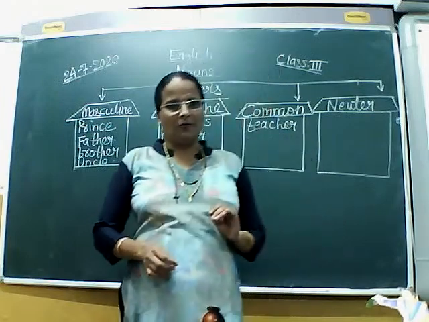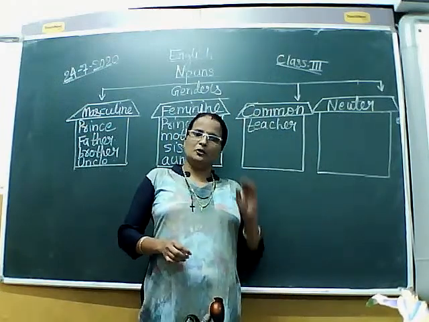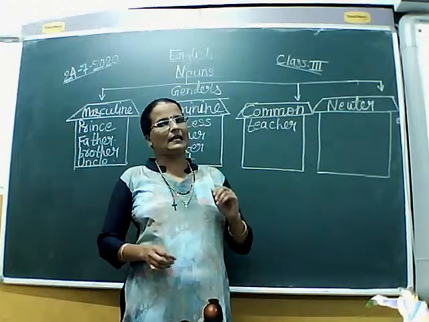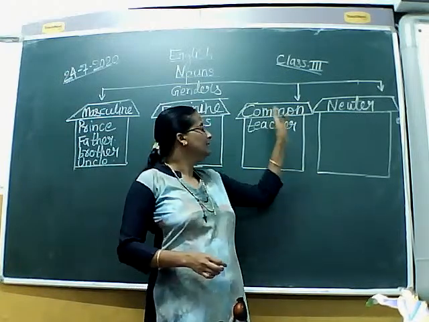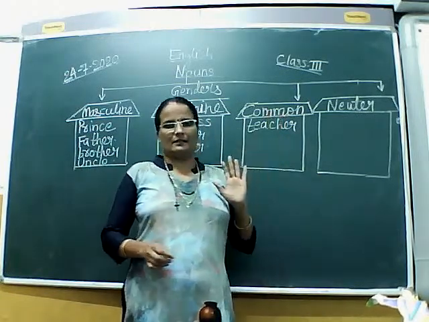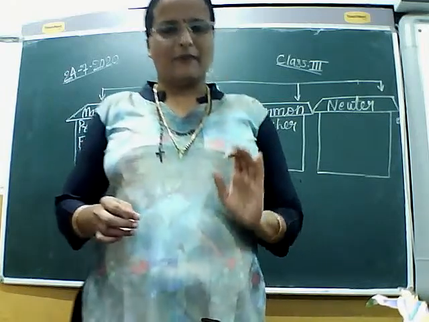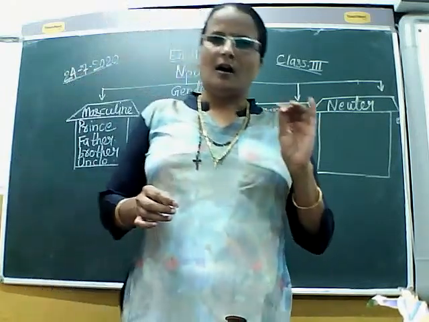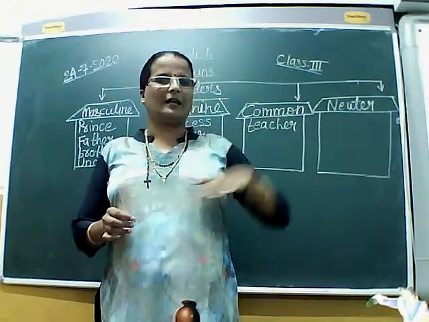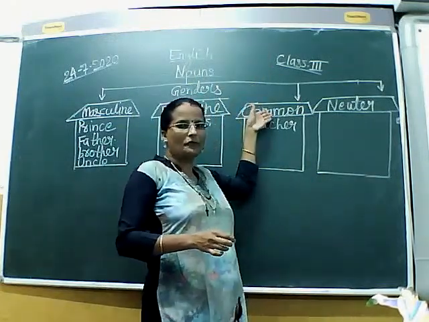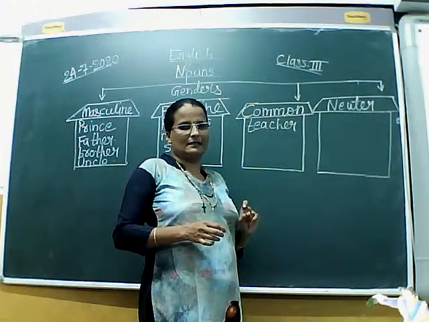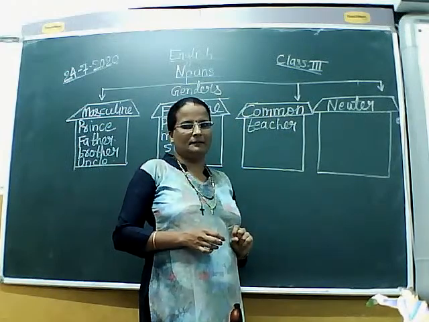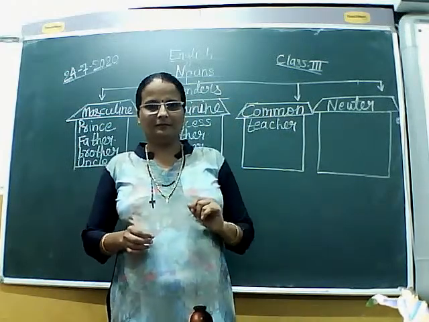This type of nouns which refer to the male and female category are called common genders. The nouns which refer to a female or male come under the group of common genders. Another example, tailor.